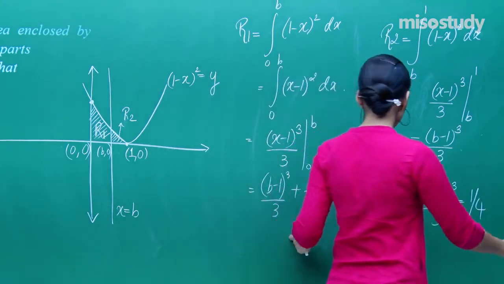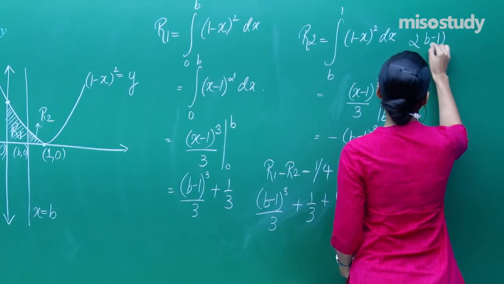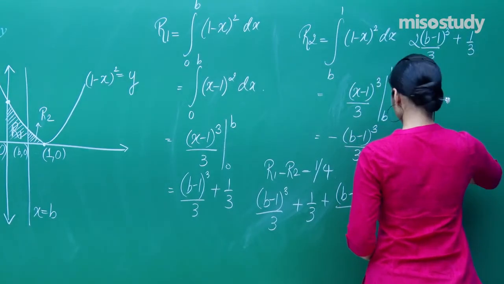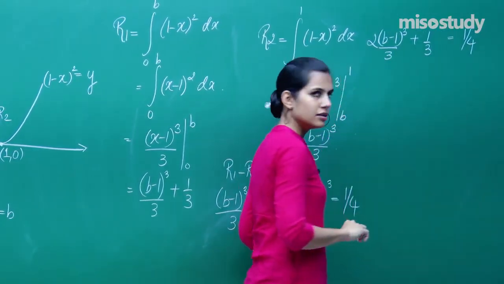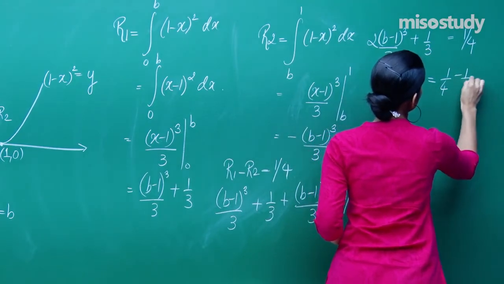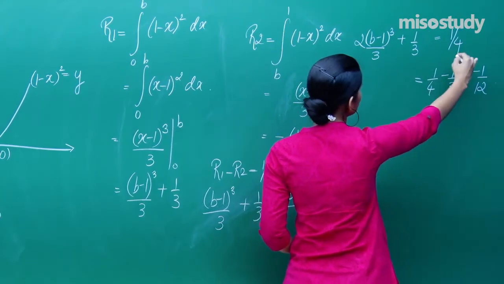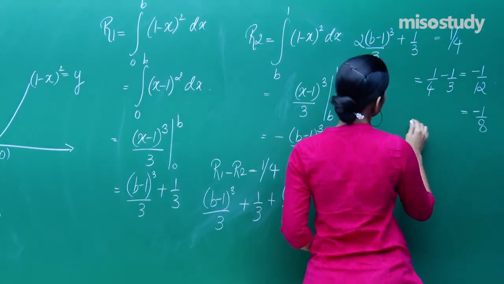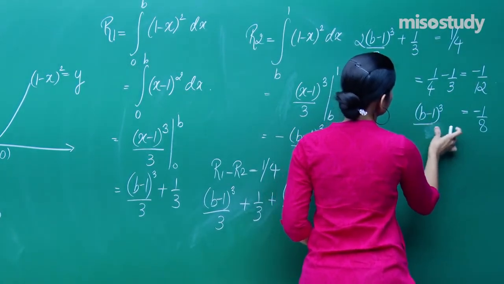When you evaluate this, you get twice of b minus 1 cube by 3 plus 1 by 3 is equal to 1 by 4. 1 by 4 minus 1 by 3 gives you minus 1 by 12, then dividing by 2 you get minus 1 by 8 equal to b minus 1 cube by 3.